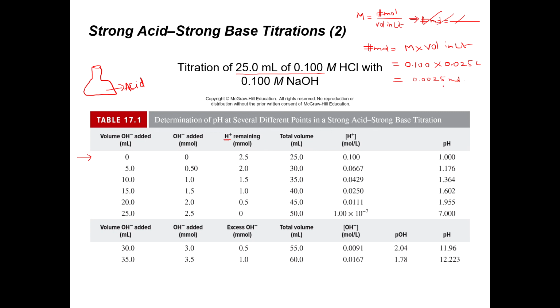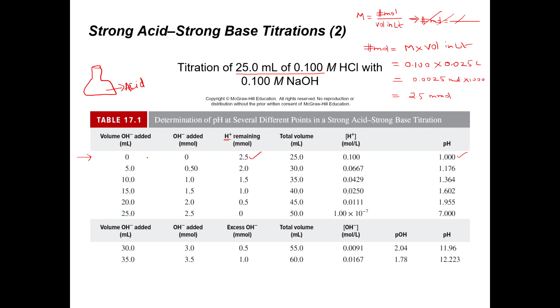You can convert that into millimoles. How do you do that? If you multiply this by 1000, you get millimoles. Then it becomes 2.5 millimoles. That's what they are showing here, 2.5 millimoles, the initial number of moles of acid, H plus ions. And then the total volume was 25 ml, and the H plus ion concentration is already given, 0.1 molar. When you find your pH, that's 1.00.